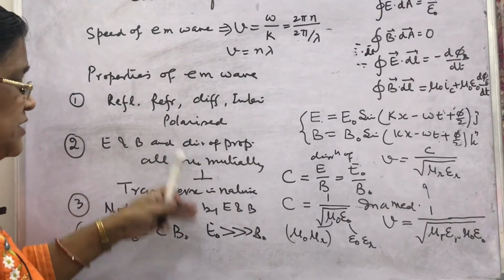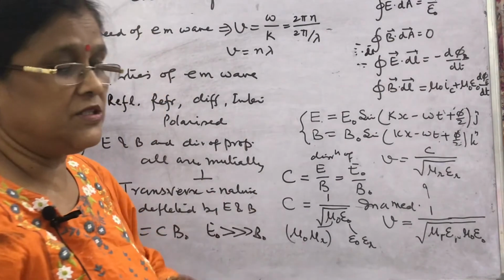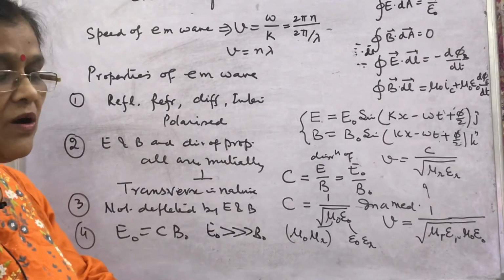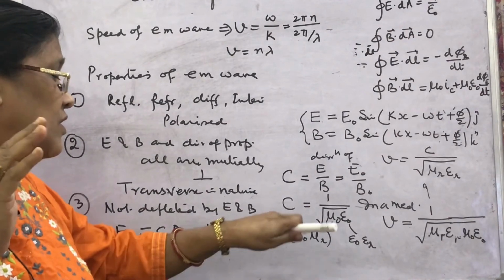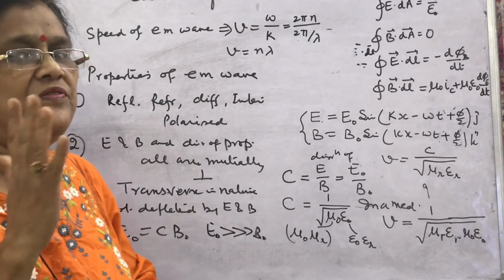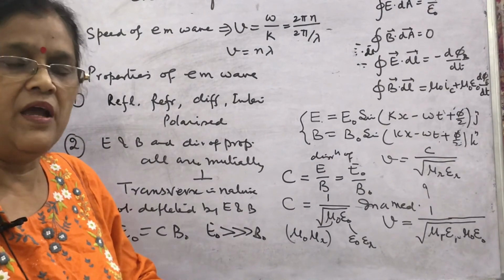So we have seen all these properties of EM waves. c, the speed of light, is constant, and it is such a fixed number that it is used to define the fundamental units of length and time.